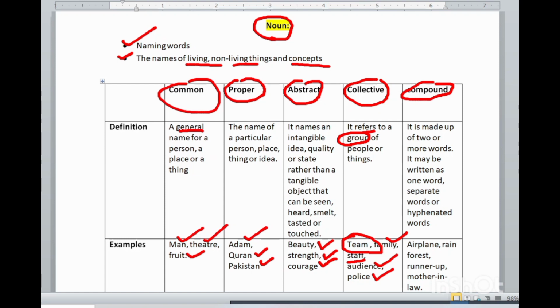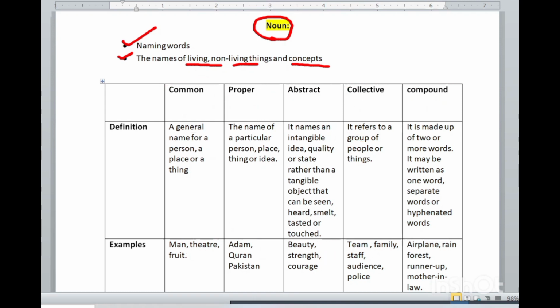That's why it's called compound. For example, airplane, rainforest, runner-up, mother-in-law. All these are examples of compound nouns.